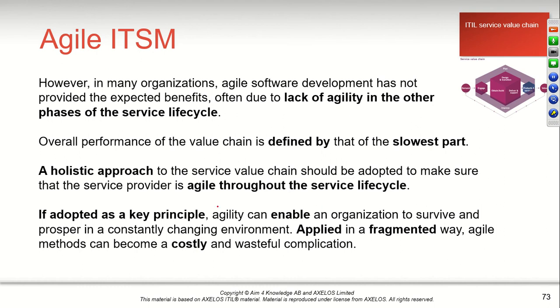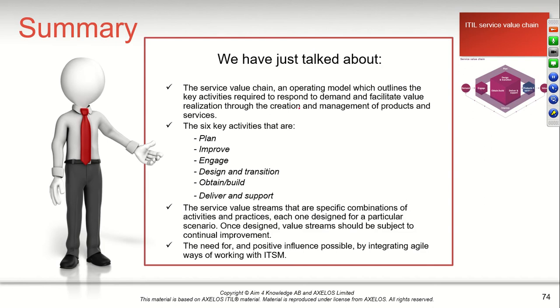And if it is done in silo, it will create what is called a fragmented Agile, and that becomes a costly and wasteful complication. So Agile is supposed to be embraced at all the phases of the activities that is being done under service management.